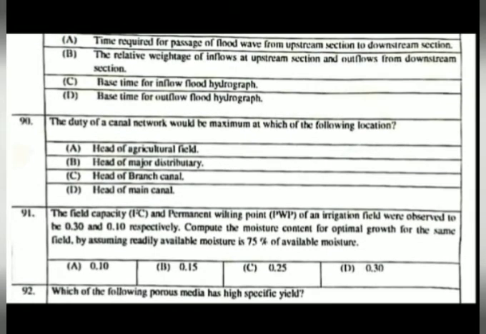Next question is, the duty of a canal network would be maximum at which of the following locations? And the right answer for this question is head of agricultural field. The field capacity and the permanent wilting point of an irrigation field were observed to be 0.30 and 0.10 respectively. Compute the moisture content for optimal growth for the same field by assuming readily available moisture is 75% of available moisture.